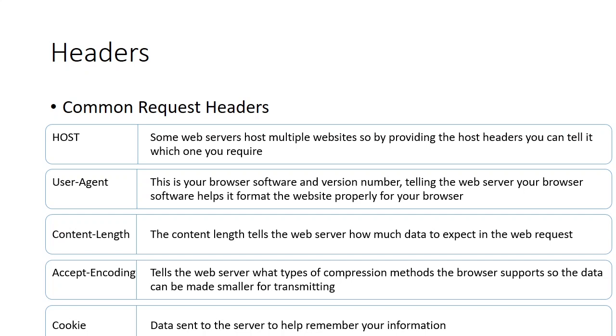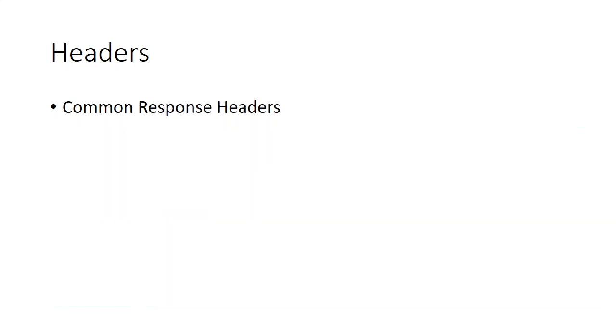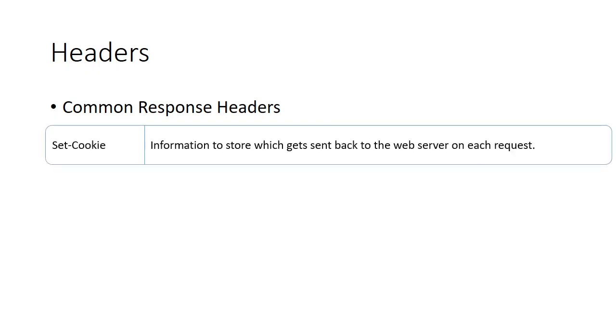And then we have common response headers. These are the headers that are returned to the client from the server after a request. Like set cookie, it's the information to store which gets sent back to the web server on each request. So if we send a cookie in the request, in the response we can have a set cookie. So it tells our browser to store this information.